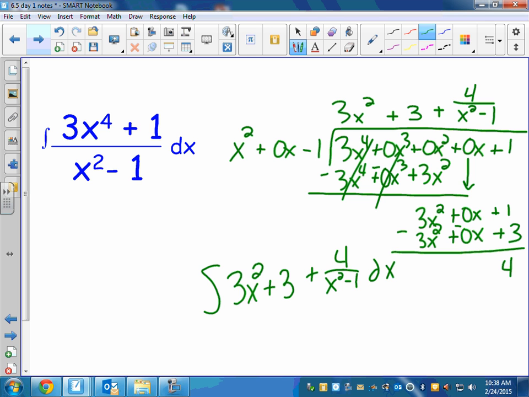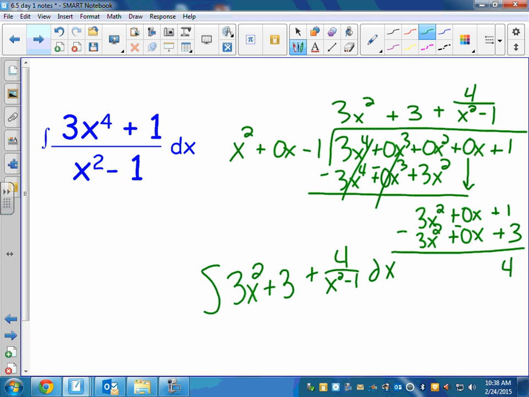Can you integrate 3x squared? Hopefully. Can you integrate 3? There's high hopes here that you don't need to do partial fraction decomposition because you think, oh, it'll work, right? If I pick this as my u, if u is x squared minus 1, what's my du? 2x. Is there a 2x up there? Is there a way I can put an x up there?